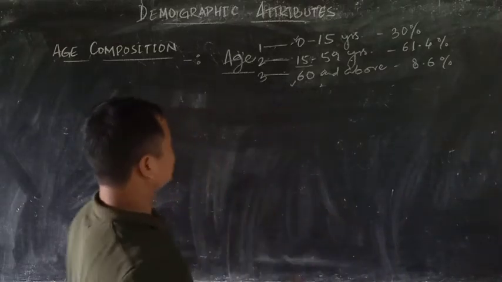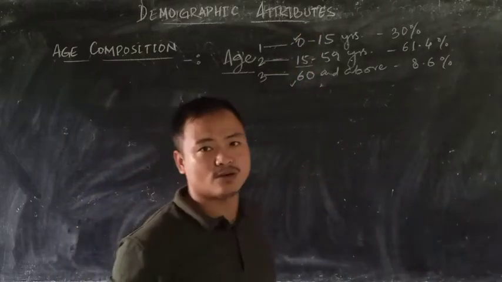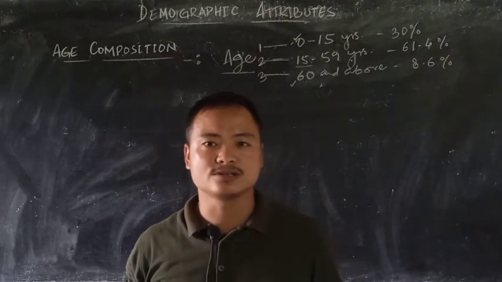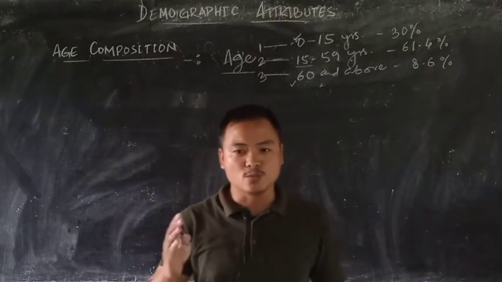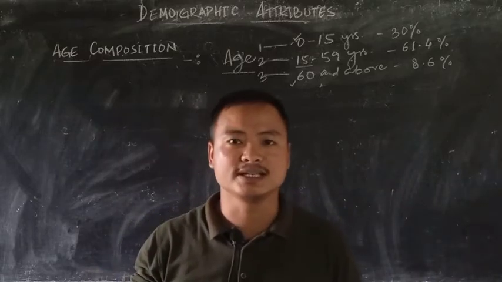So here what we see is the age group between 0 to 15 years is over 30%, which usually is not found in the developed areas. Why? It's because in India the age group between 0 to 15 is high.